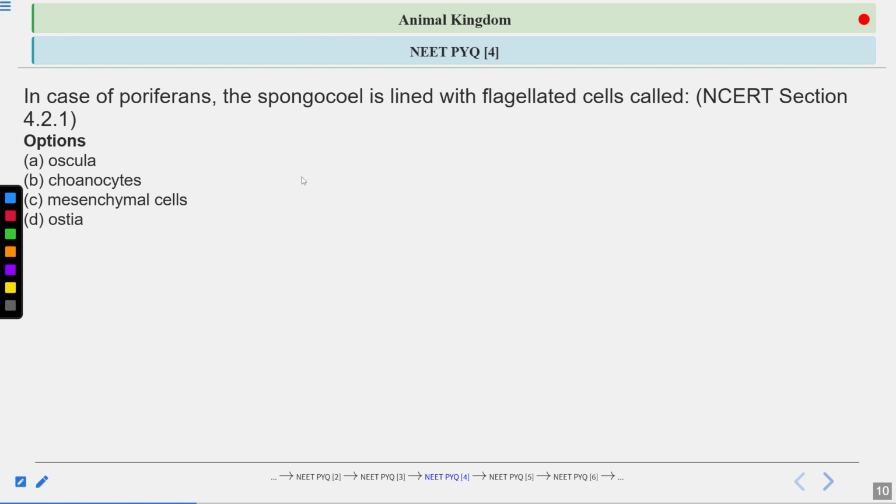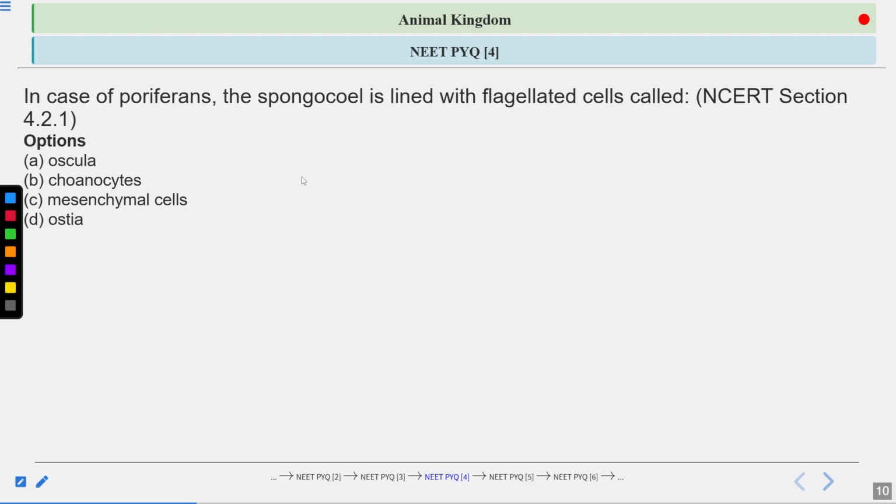Next question. In the case of poriferans, the spongocoel is lined with the flagellated cells called. This question is coming from the NCERT section 4.2.1. So the options for this question are as follows. A, oscula. B, choanocytes.